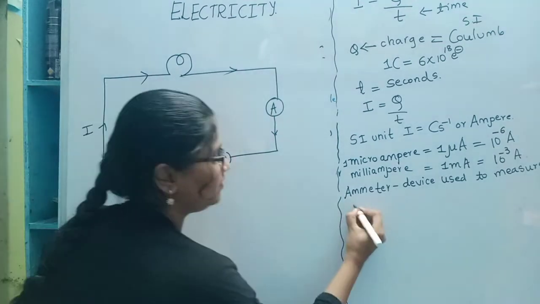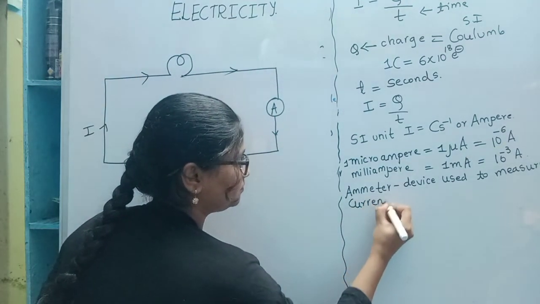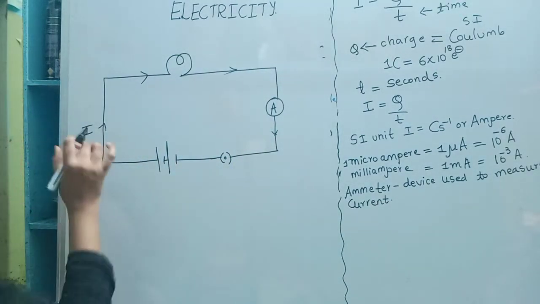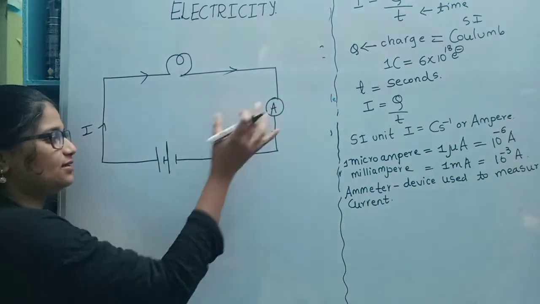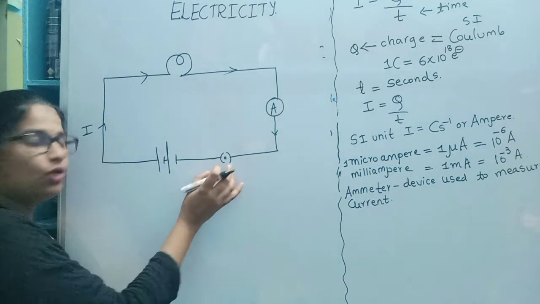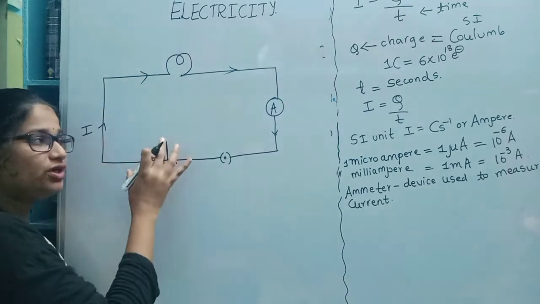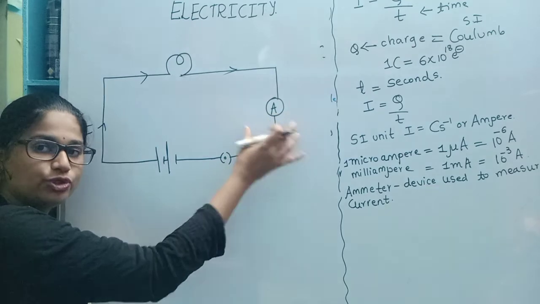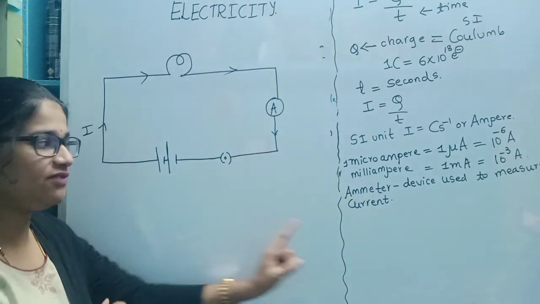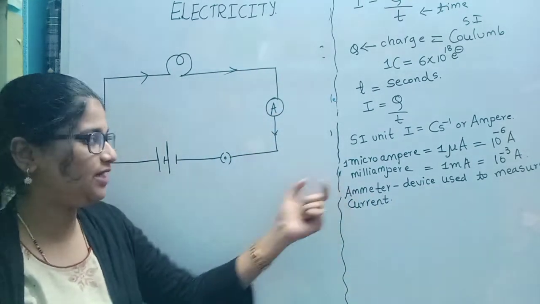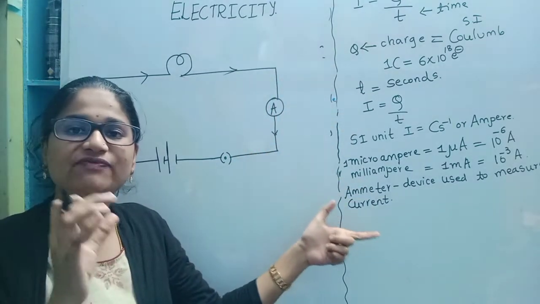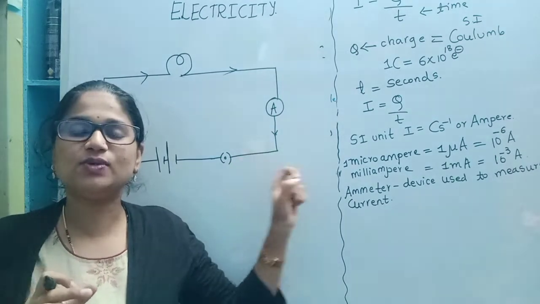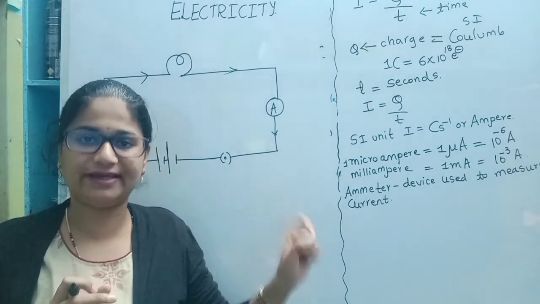The ammeter is placed in the circuit after the switch so that it measures the flow of current. So this is a brief introduction to the units of measurement of current as well as the SI units of charge and time.